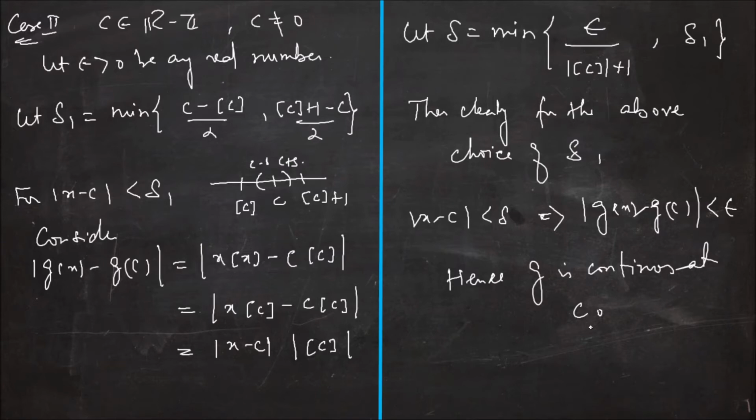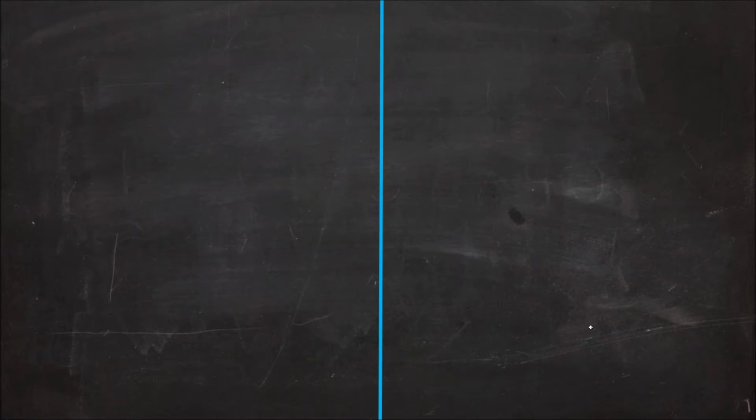So we are left with the last case, when c is an integer and c is not equal to 0. So case 3: c belongs to Z and c is not equal to 0. In this case we will show that the function is discontinuous.